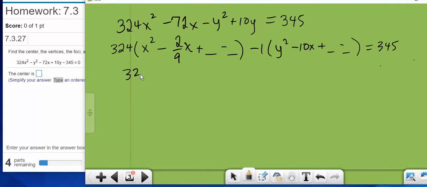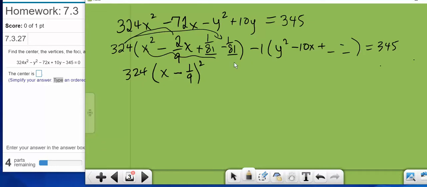Okay, now to do half the middle term, so half of 2/9 is 1/9. Square it, that's 1/81. Add it, subtract it. And then you have to distribute. Remember, 324 times the 3 terms is this parenthesis. 324 times 81 times 1/81.